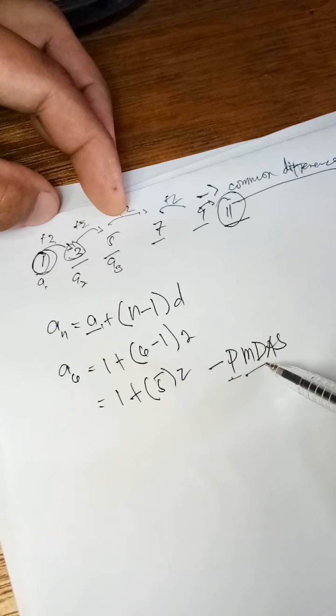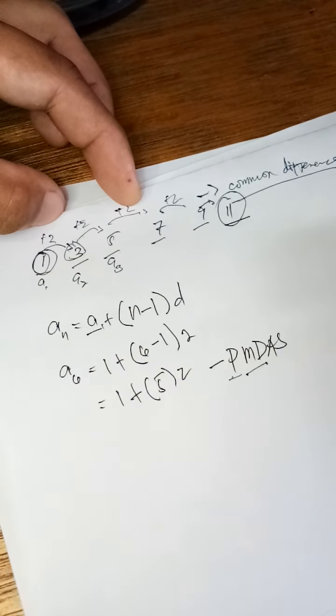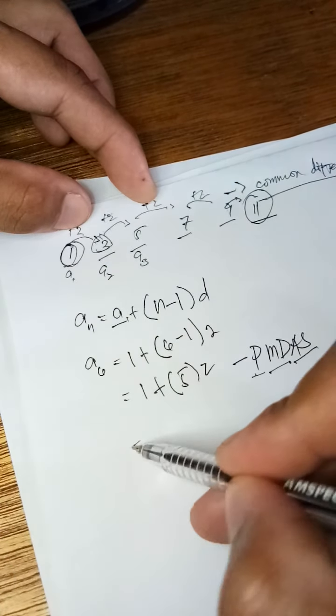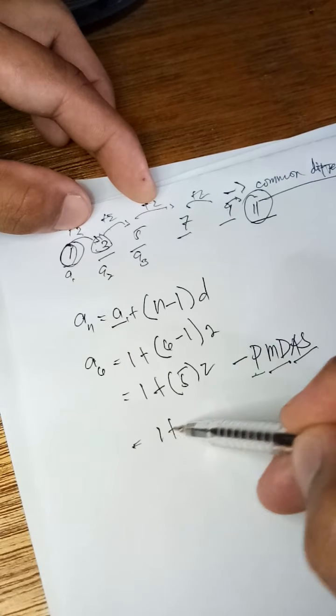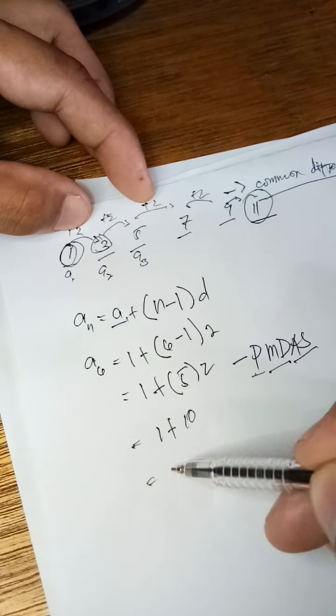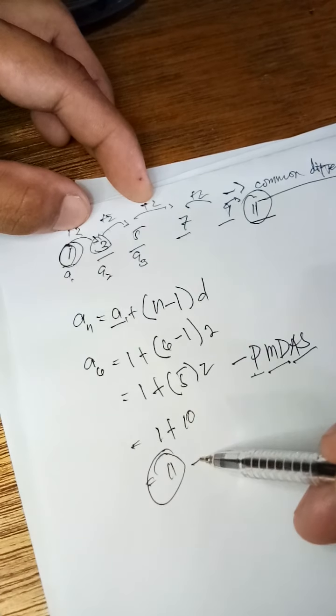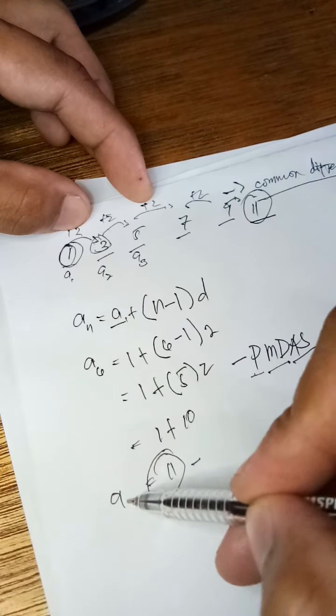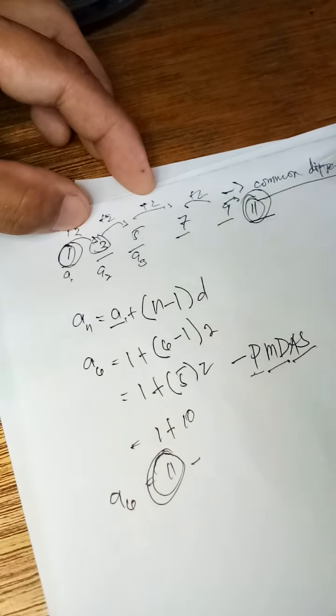Kung sino po yung nauuna doon sa ating left side, so siya yung una natin isosolve. Same with addition and subtraction. So, in this case, we have 1 plus 5 times 2, that is 10. So, 1 plus 10, that is 11. So, our a sub 6 is equal to 11.